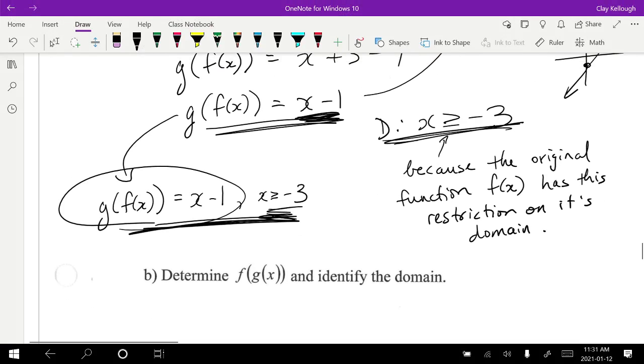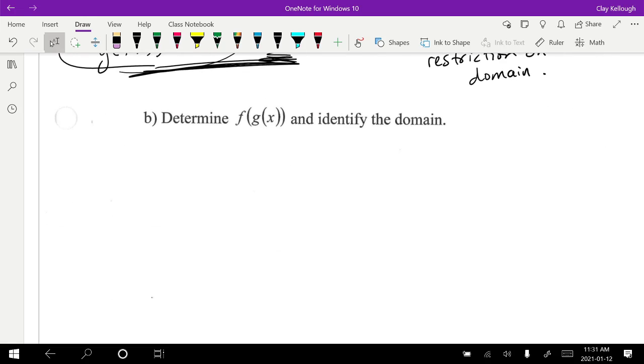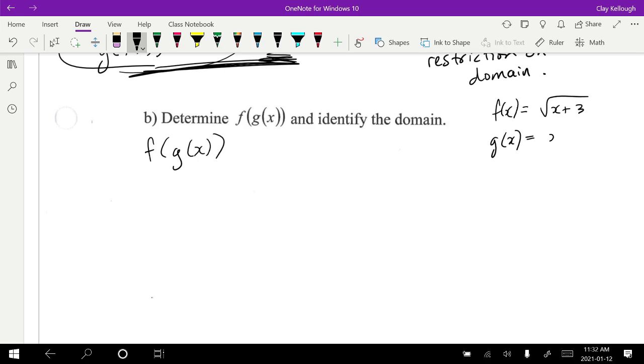B. Let's find f of g of x. So f of g of x is kind of just the opposite. F of g of x means we're going to put, again, let me write the functions down again. F of x is the square root of x plus 3, and g of x is x squared minus 4. Okay, so we're going to plug g of x into f of x.